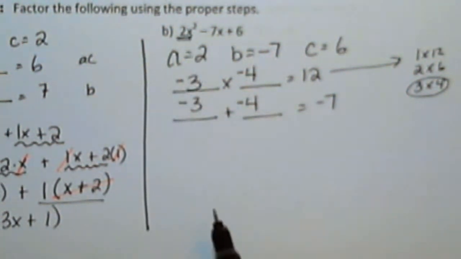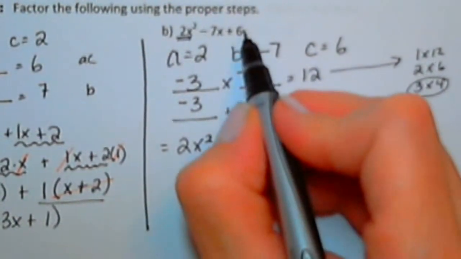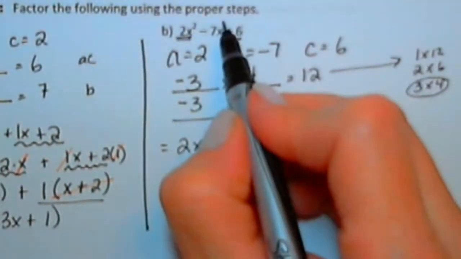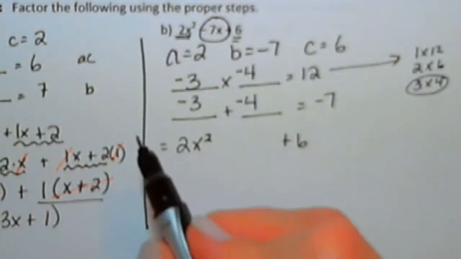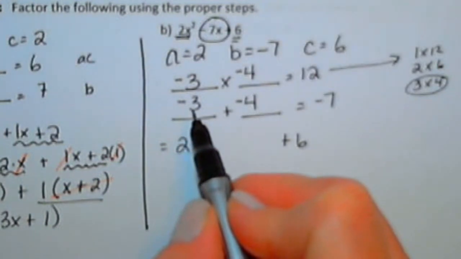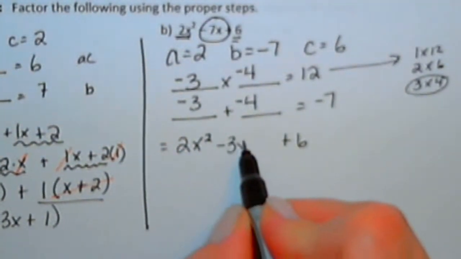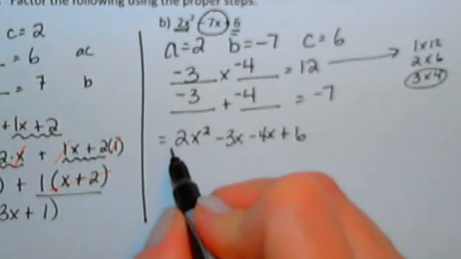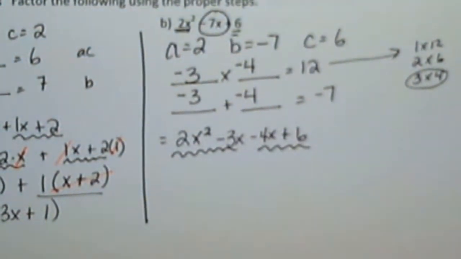Leave the first guy alone. 2x squared. Leave a space and leave the last guy alone. Plus 6. Get rid of the middle guy by changing minus 7x into minus 3x minus 4x. Now treat it as two separate questions with the squiggly underline, those two and those two.